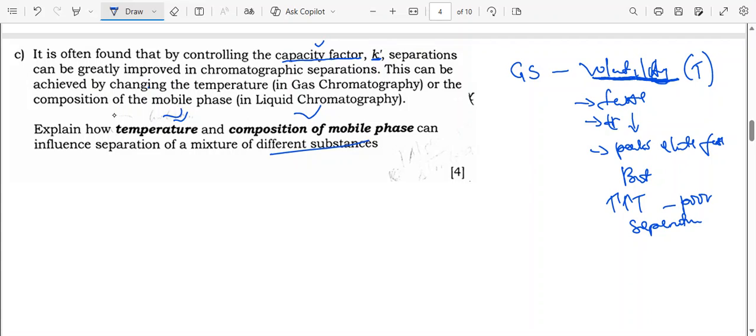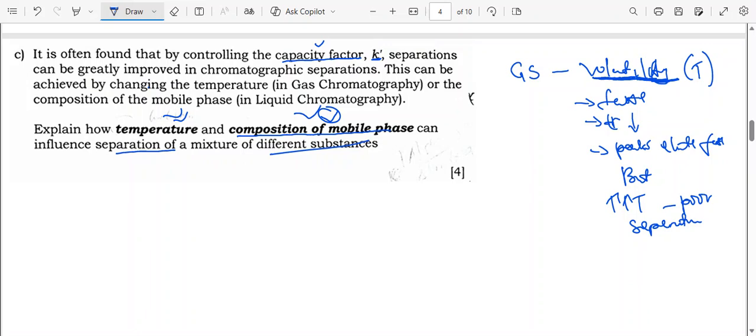In liquid chromatography, mobile phase composition affects the solute solubility. So how can the composition of the mobile phase influence separation of a mixture? For example, changing the ratio of methanol to water will affect the separation. Let me give a scenario, like a mixture of benzene, toluene, or xylene.